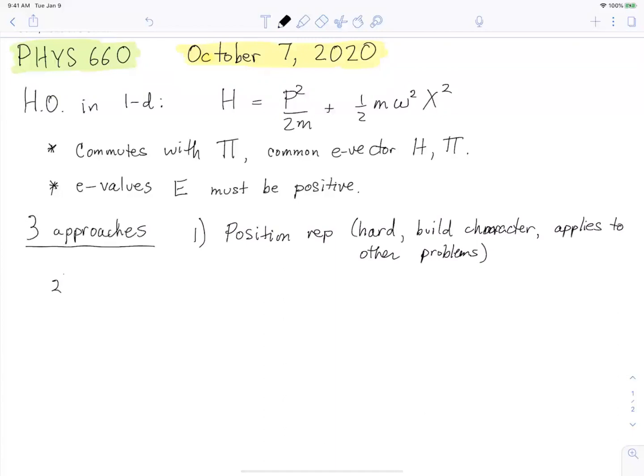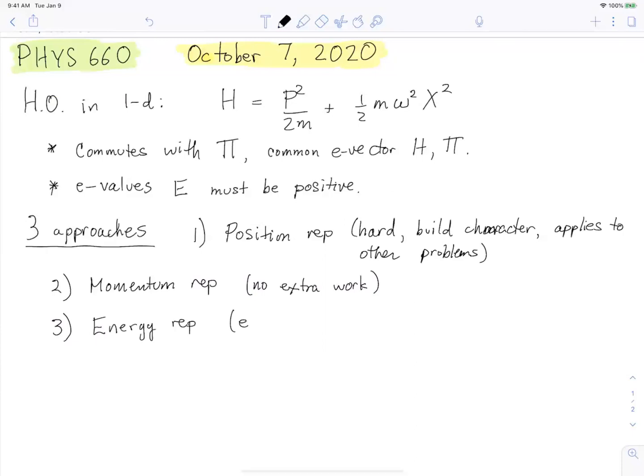The second approach is the momentum representation approach. And this has the advantage that once we do the position representation approach, this will require no extra work at all. We will just be able to adapt the results we had for position representation directly to get the momentum representation. And then finally, we'll do it the easy way, which is the energy representation.